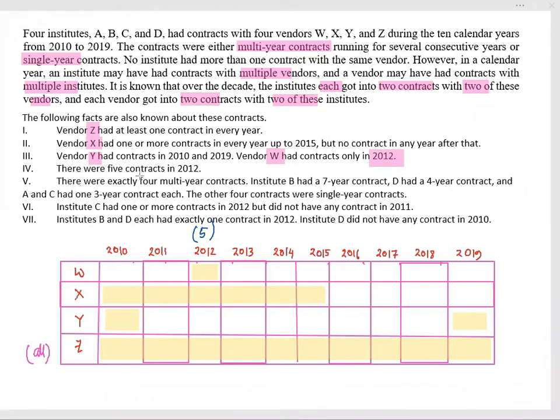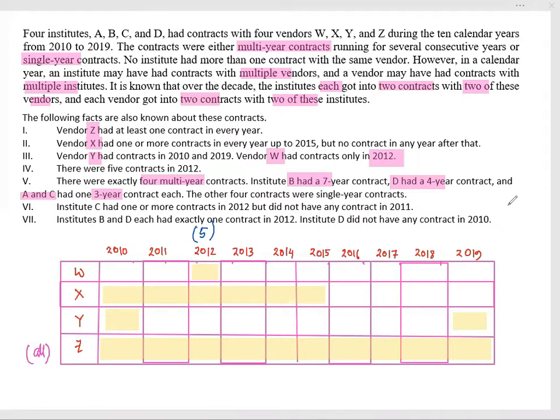There were exactly 4 multi-year contracts. Institute B had a 7-year contract, D had a 4-year contract, and A and C had a 3-year contract each. The other 4 contracts were single-year contracts. Let me try to fit that information.